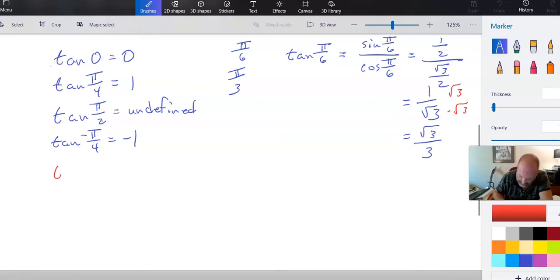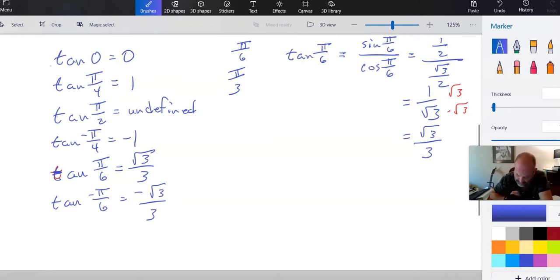So I know now tangent pi over 6 then is root 3 over 3, and that gives us tangent negative pi over 6 for free. It's negative root 3 over 3.